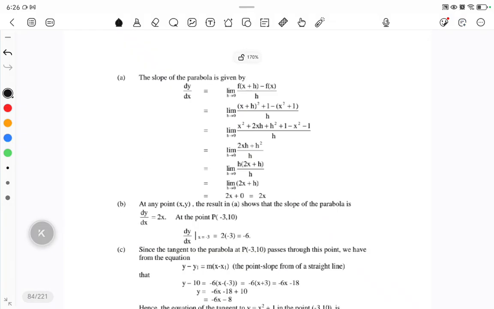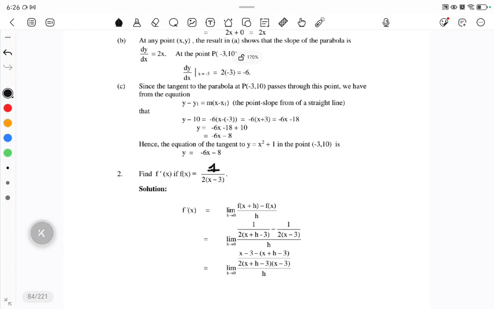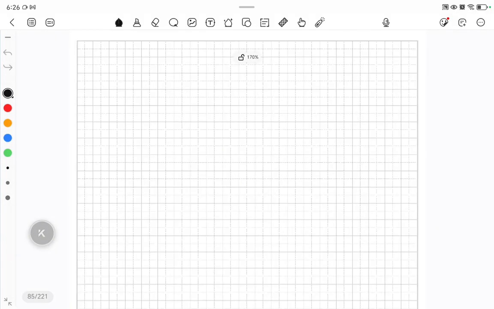I think f of x is equal to 1 over 2x minus 3.